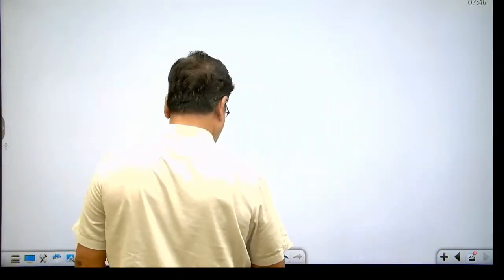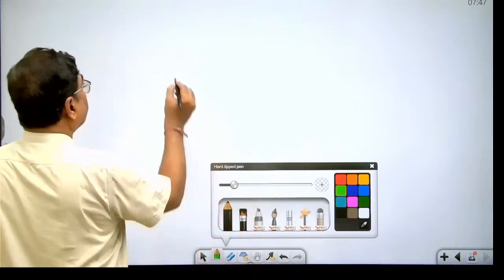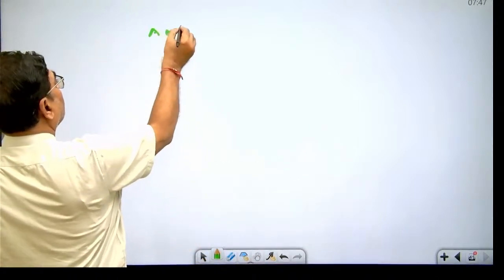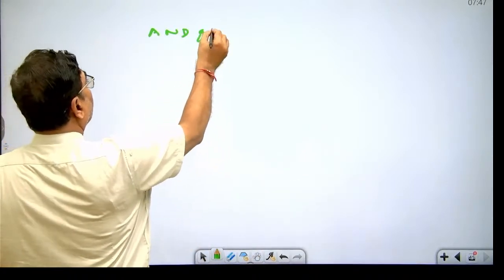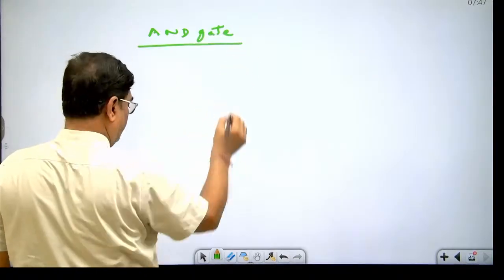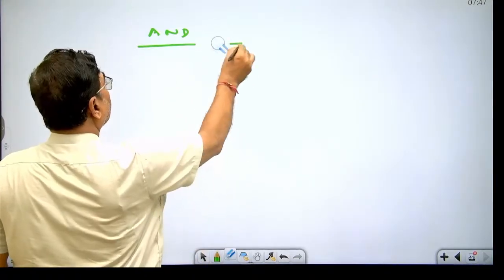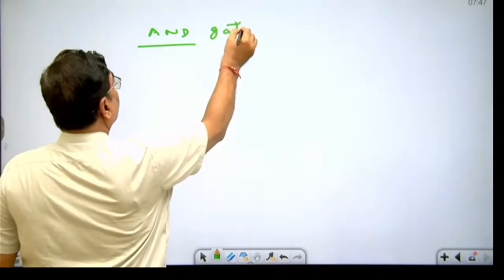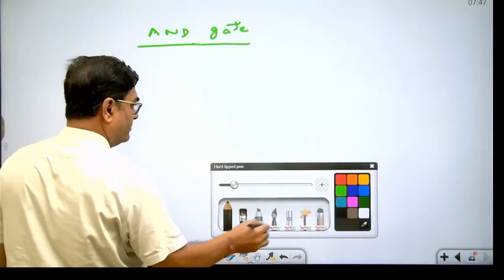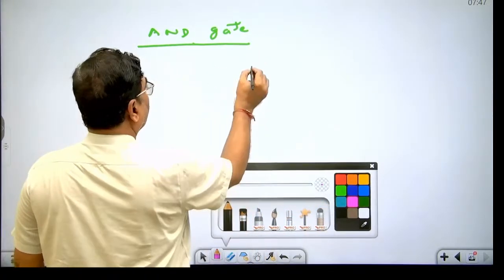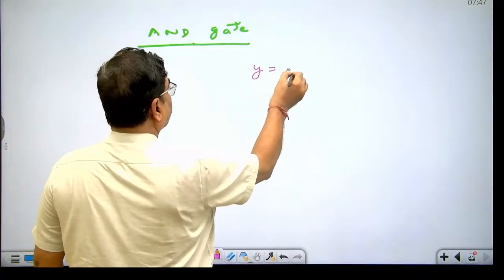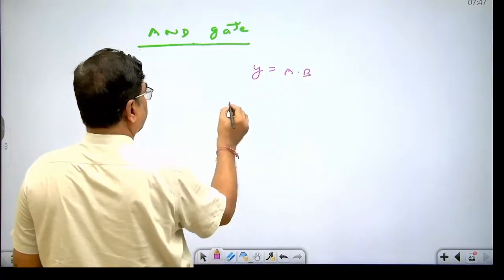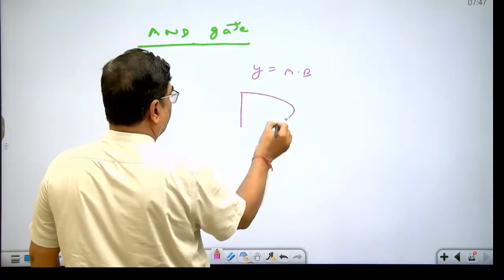Now, dear student, let's see about the AND gate. The Boolean expression for the AND gate is A dot B, and this is the diagram.